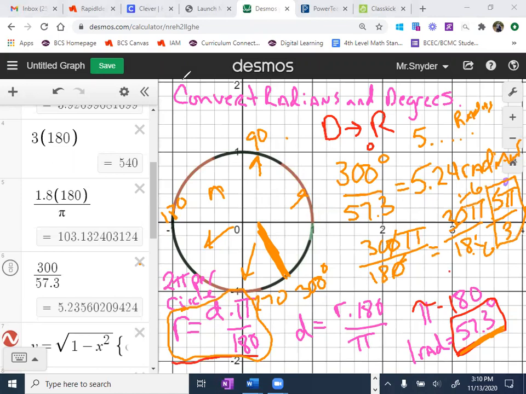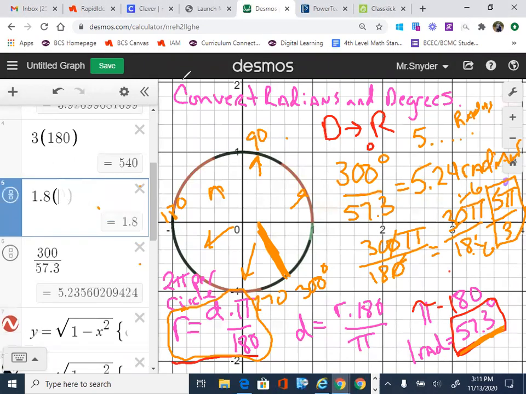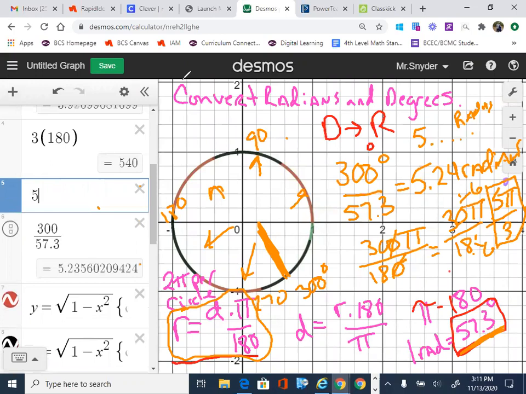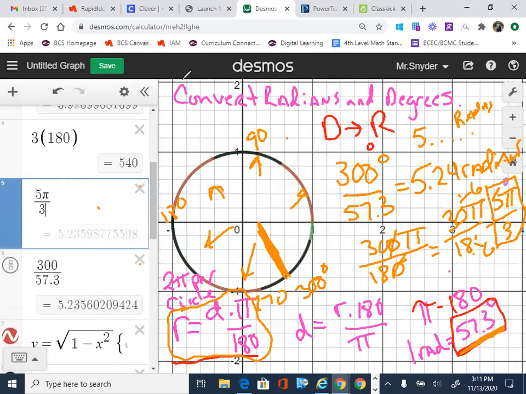Now let's verify it to make sure it's the same. Let's type in 5 pi over 3. It gives us pretty much the same answer, because the first one is mainly an approximation.